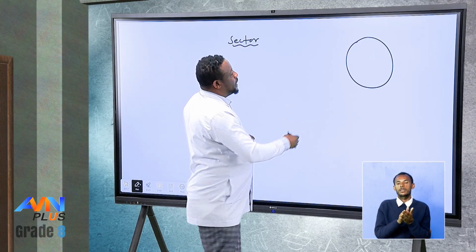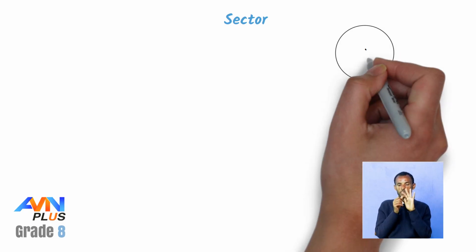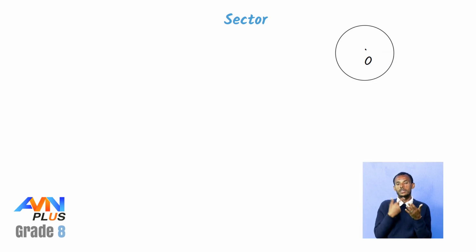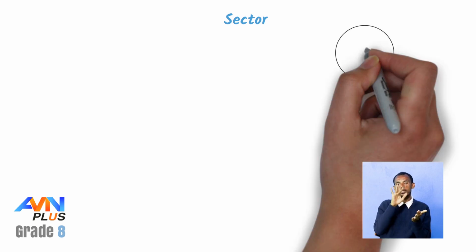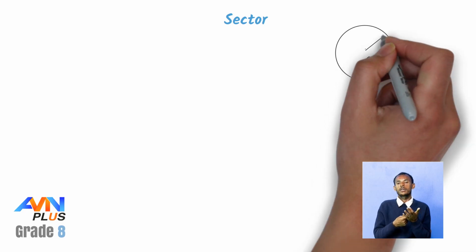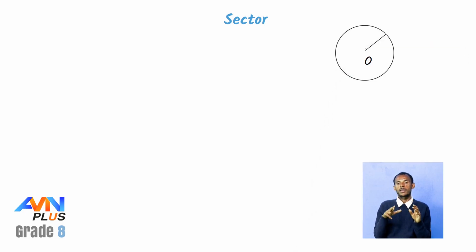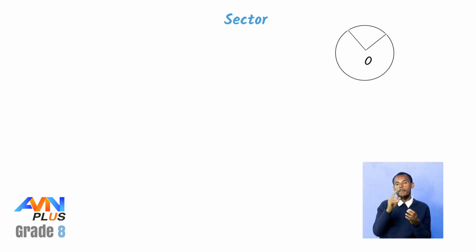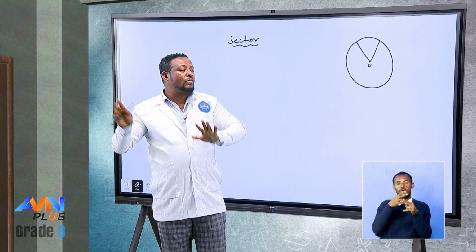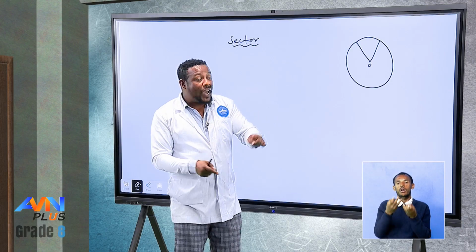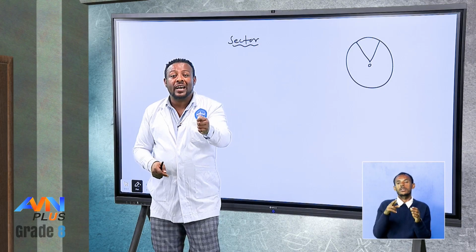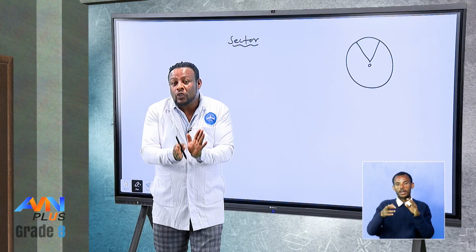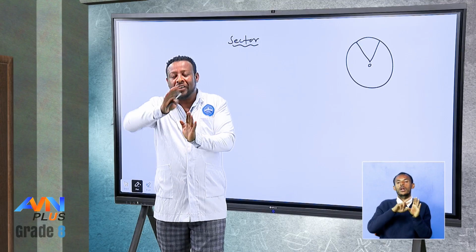What does it mean? For example, if you have this circle with center somewhere here, construct radii. Radii is the plural form of radius. Okay, if you have more than one radius, we call it radii. Now, a sector is defined as a region enclosed by two radii and an arc.